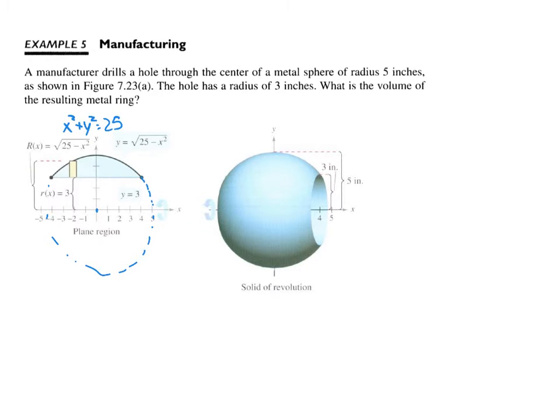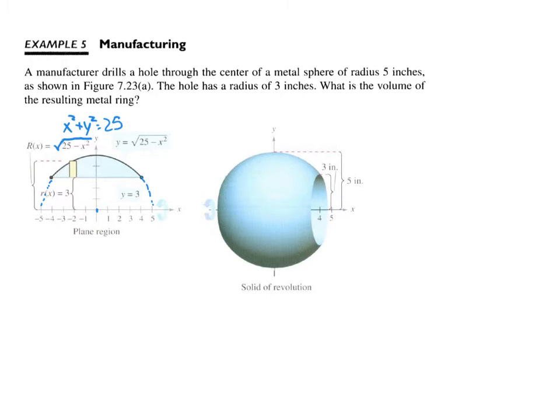It's centered at the origin, the radius is 5. So if I want just the top half, then I solve for y, and I get r equals the square root of 25 minus x squared. Do you guys all follow that? That's something from back in Algebra 2 that you are expected to know.